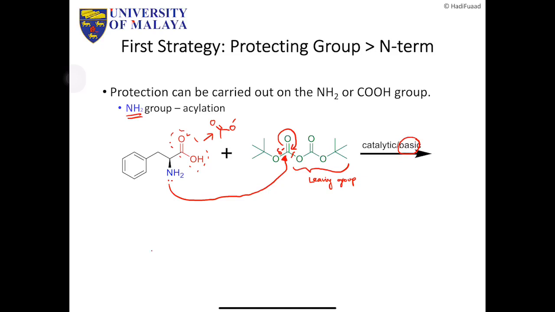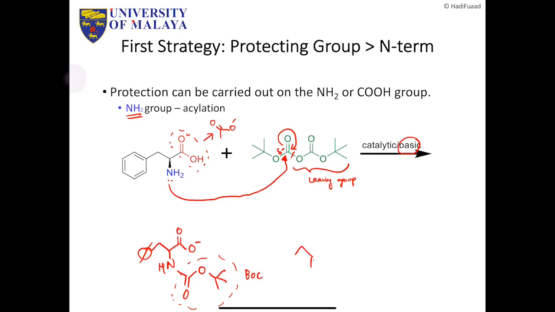So towards the end of the day, what you will have is an amino acid with an amide bond connected to a tert-butyl group. This whole structure can be abbreviated as Boc.